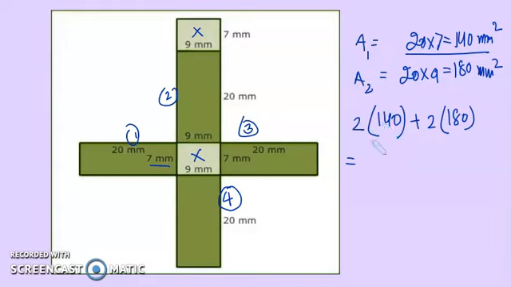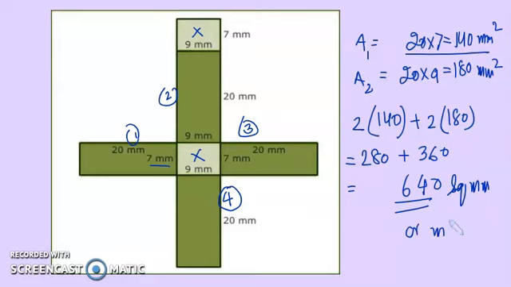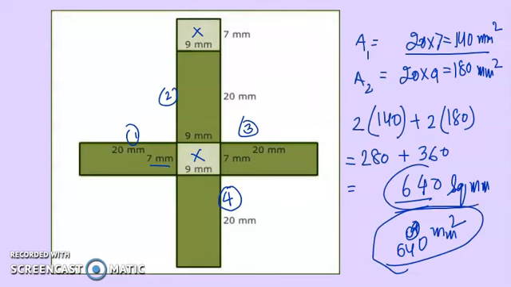So 140 times 2 is 280, and this is 360. Add them together, you get 640 square millimeters, or 640 millimeter square. You can write it either way. So that is how we find the lateral surface area.